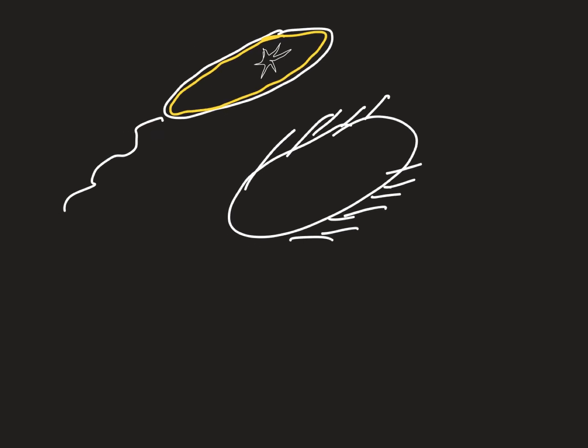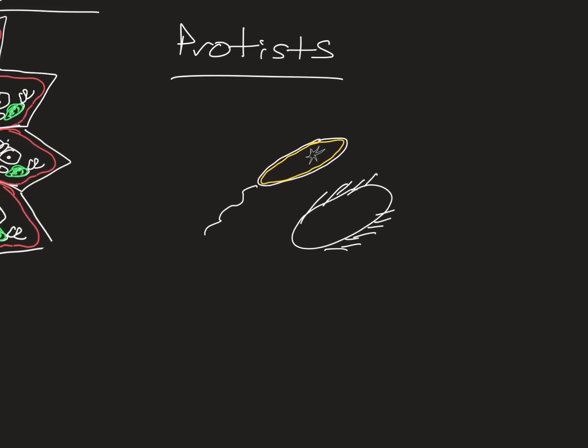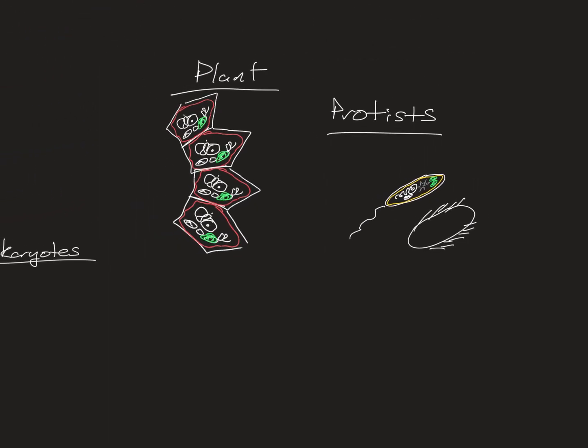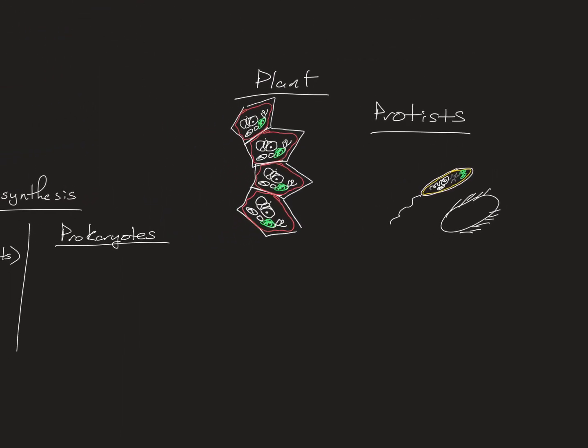First, let's talk about this. So protists also have a contractile vacuole. They have a nucleus, nucleolus, endoplasmic reticulum, mitochondria. Some of them have chloroplast. Some of them do photosynthesis. Others don't. So protists are a really broad family. They're all eukaryotes. Both these groups are eukaryotes.